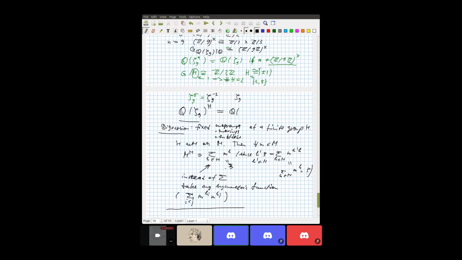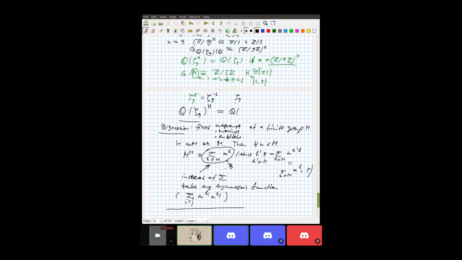Okay, so in our case, our group consists of two elements. So what could be an element that is fixed by H? Can you produce at least one of them? So what is written here? In the case when H is our group of two elements, you have to choose M. Well, just take anything you want.